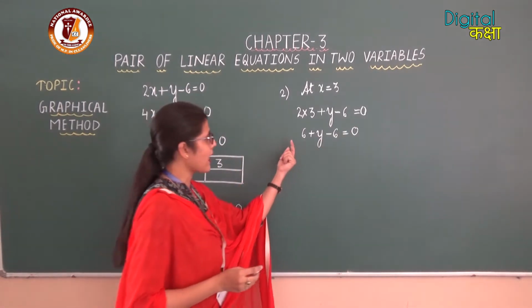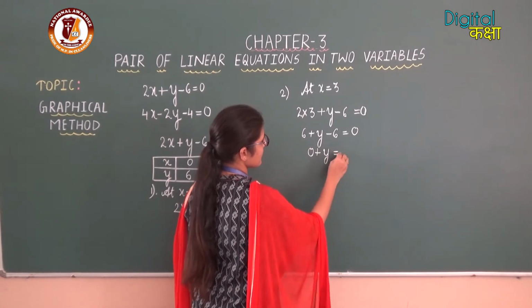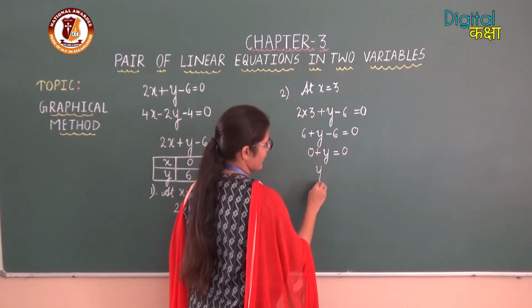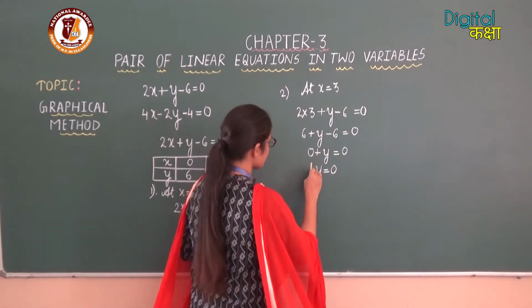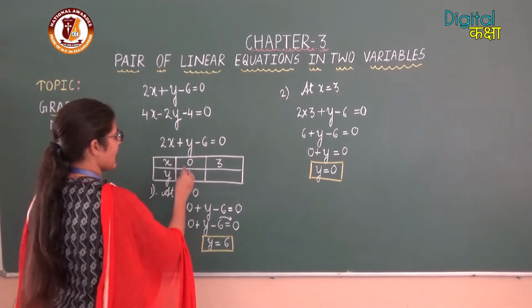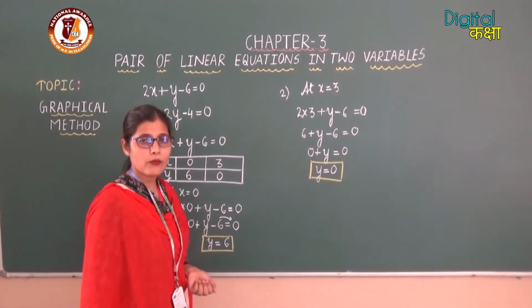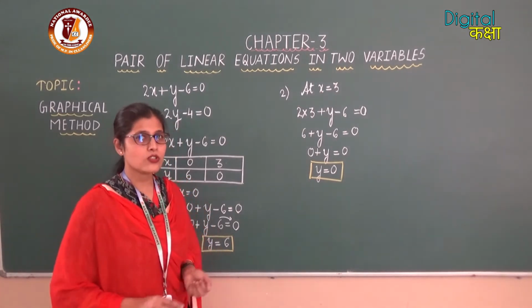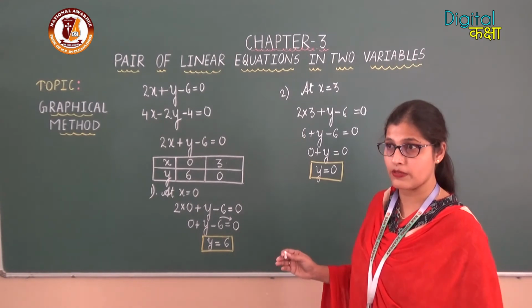Now, when we subtract 6 from 6, the answer will be 0, plus y equals 0. So, finally, you will be getting the value of y as 0. That means at x equals 3, my value of y will be 0. So, we have taken out the values for the first equation.